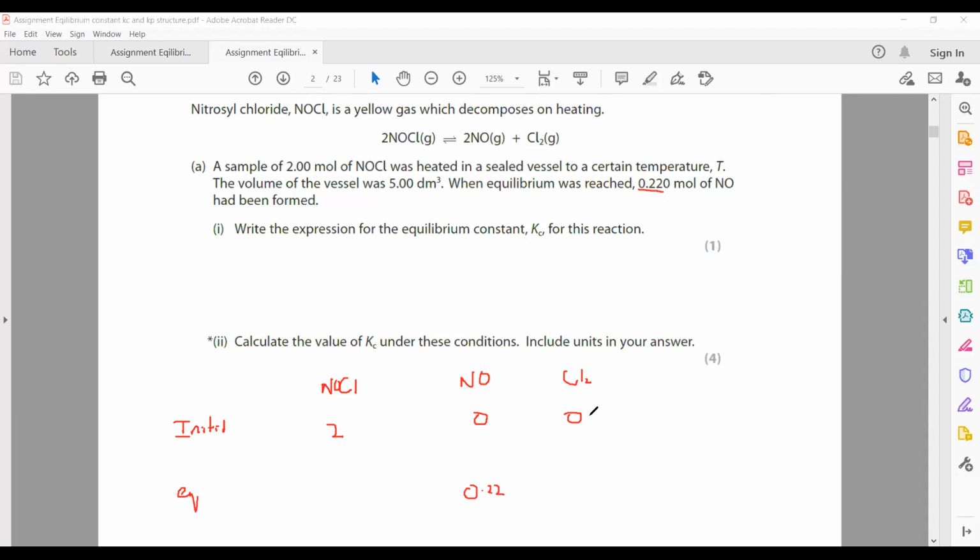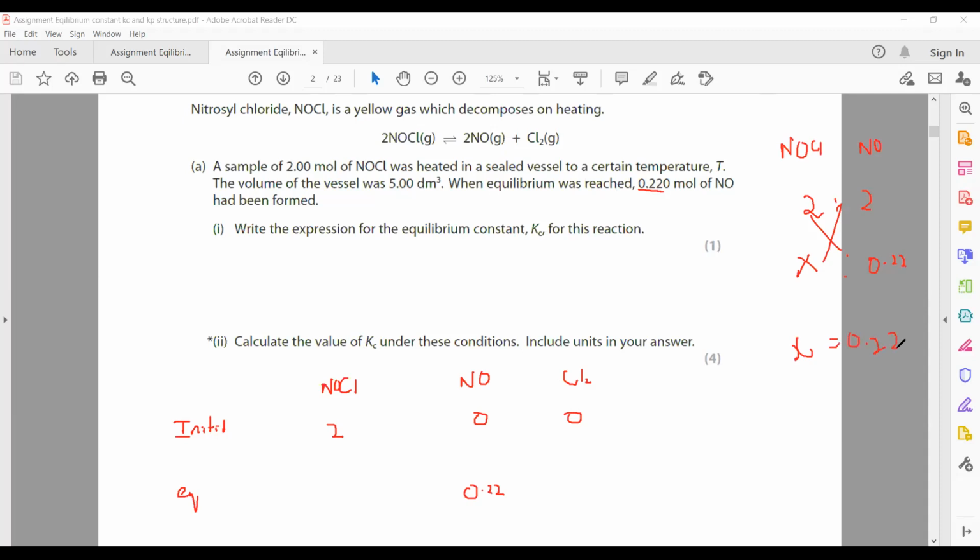So we should know the moles at equilibrium. First, we'll find how many moles of NOCl reacted. What is the ratio between NOCl and NO? The simplest ratio between them is 2:2, or 1:1. If 0.22 moles of NO are formed, how many moles are reacted? X. Cross multiply, the same number of moles have reacted.